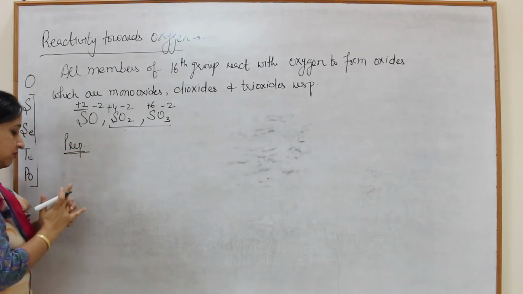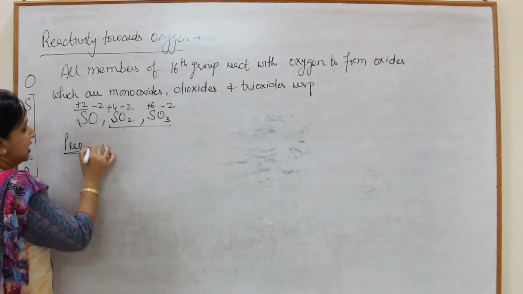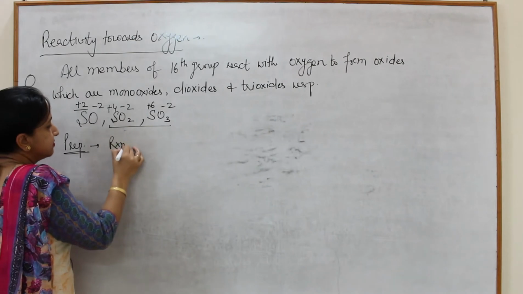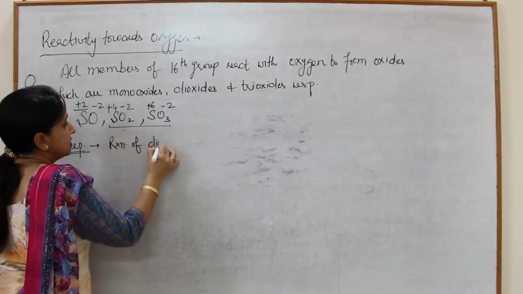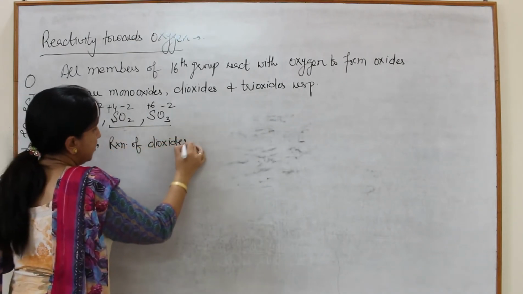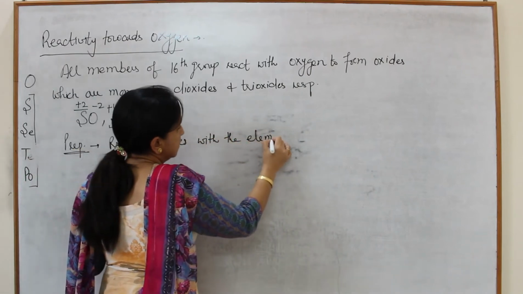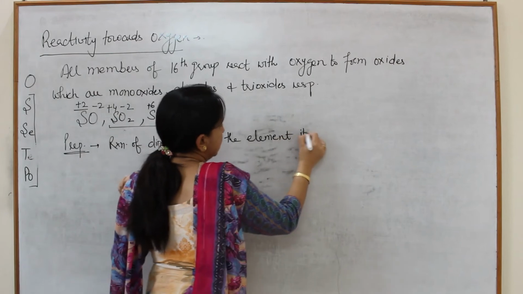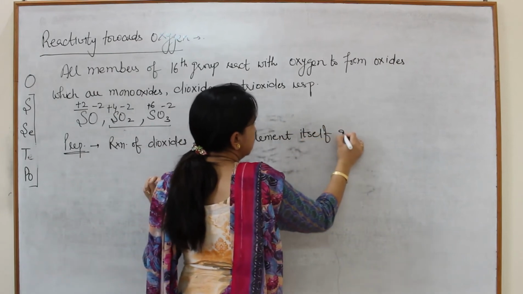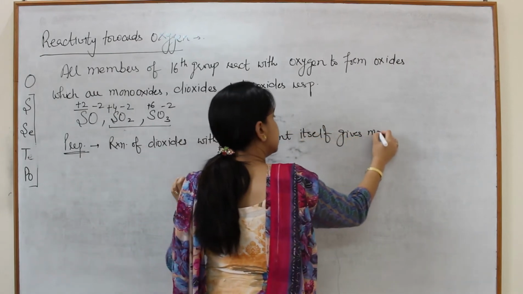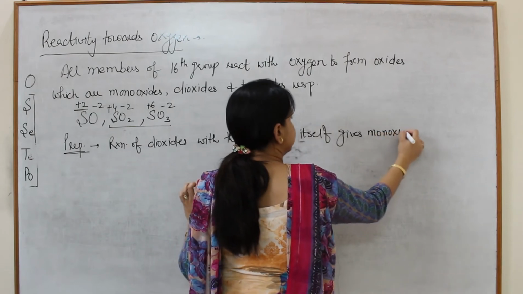So preparation of monoxide is the reaction of dioxide with the element itself, which gives monoxide.